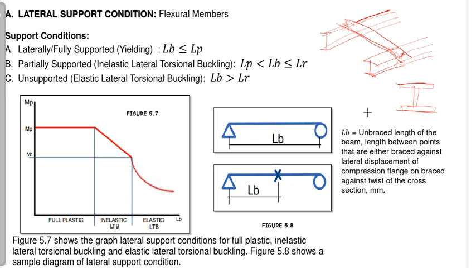So, eto, para lang sa, for example, dun sa column natin which is compression, kaya nagkakaroon tayo ng buckling, and for beam, yung load natin is transverse. Kaya kung nasaan yung compression zone, doon magkakaroon ng lateral torsional buckling.